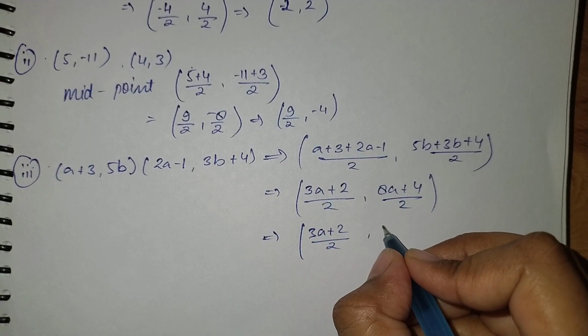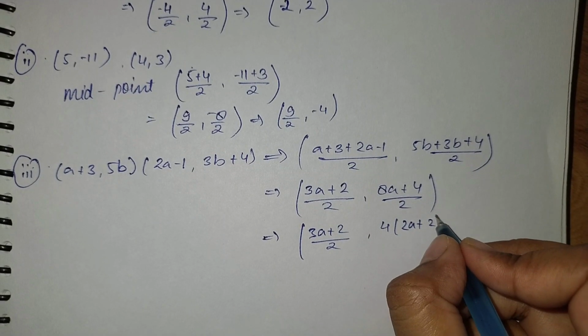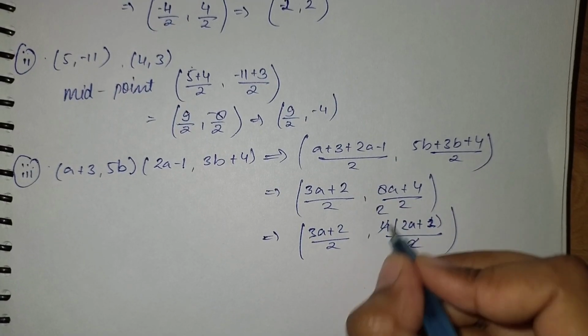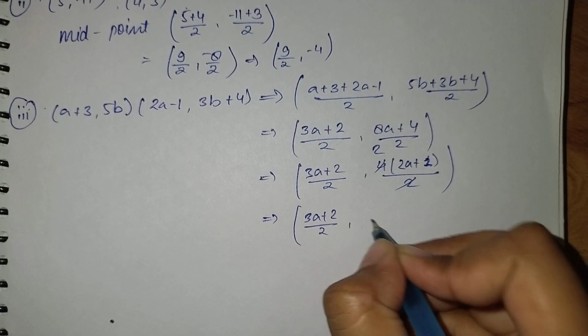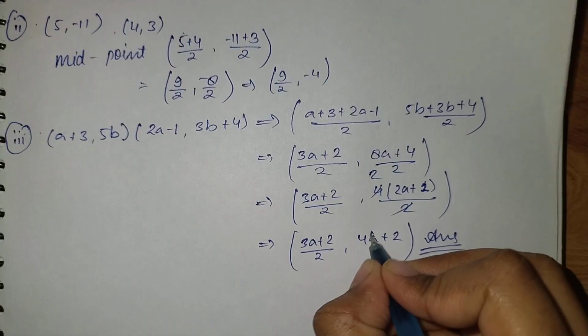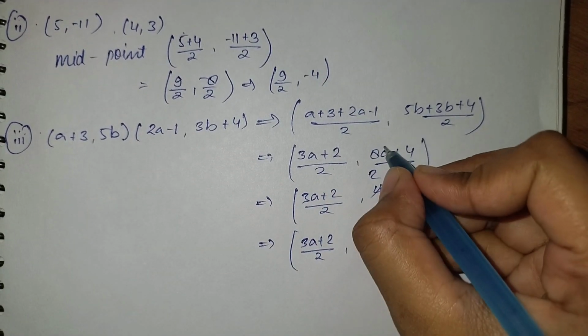Taking 4 as common, the second coordinate will cancel out and we will get the coordinates as (3a plus 2) upon 2 comma 4b plus 2. Here this is 4b plus 2 because we have added 5b plus 3b.